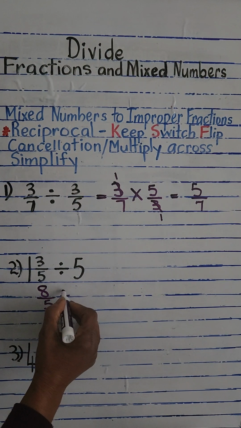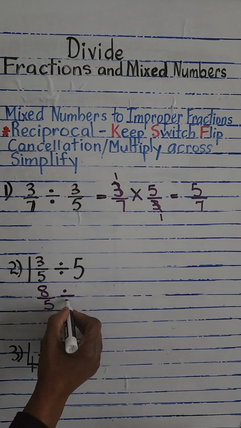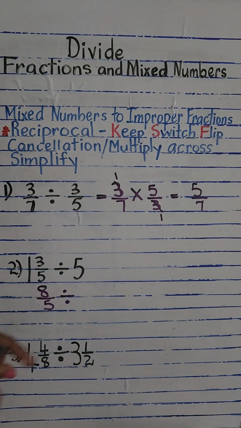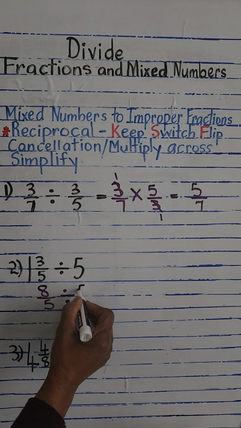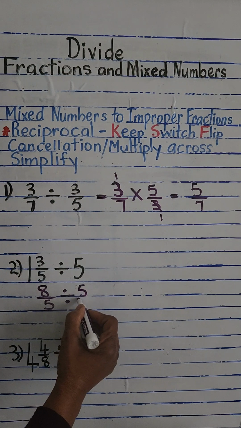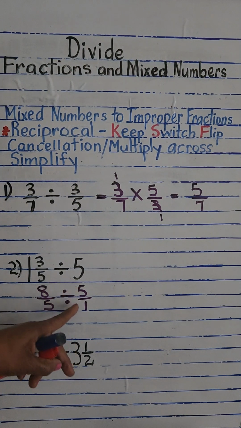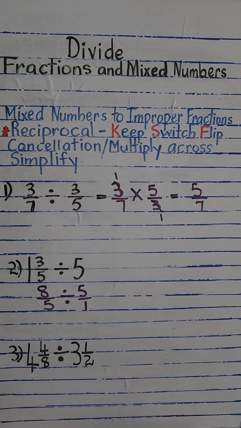And we put back our division sign until we are ready for the second step. And this 5, the denominator of a whole number, is 1. So now we are ready for the second step, where we need to find the reciprocal of 5 over 1. So this is what we do.